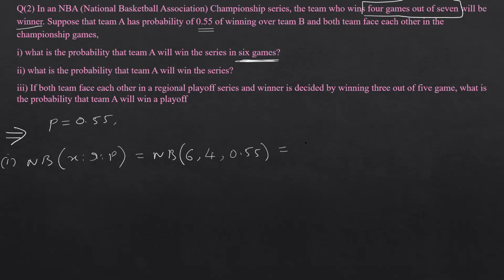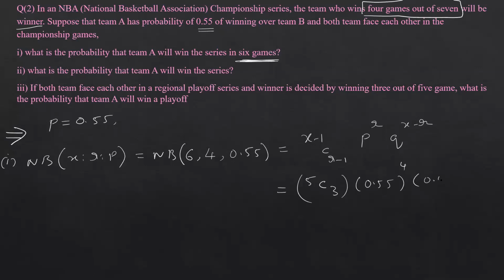So just substitute in this. You have X minus 1 C R minus 1, P power of R and Q power of X minus R. So X minus 1 C R minus 1, how much? X minus 1 is 5, C 3. This will be 0.55 power 4. What is Q value? 1 minus 0.55, 0.45.